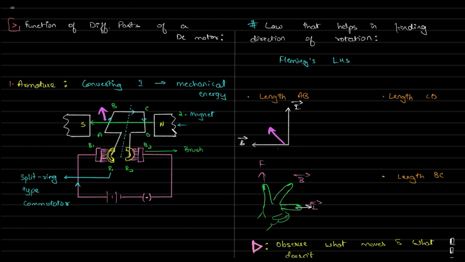Right, now let's talk about CD. So the length CD, the current is coming down. Then we have the magnetic field right to left. Then we're looking at the push. So for that, again, think in this dimension.